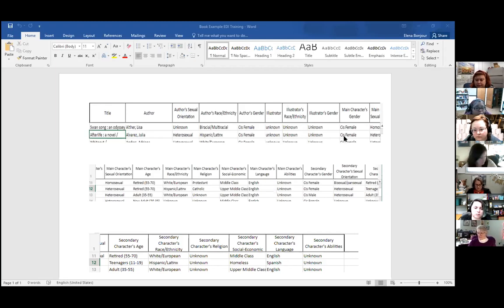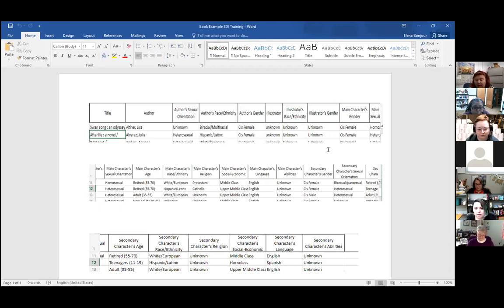For the main character's gender, I concluded that she was female, and I found that out from Goodreads. While I was on the author's website, I also looked at the book itself, and it gives some information. To learn more about characters, I went to Goodreads, and I also like to use Amazon because it gives you the opportunity to look through some of the pages.